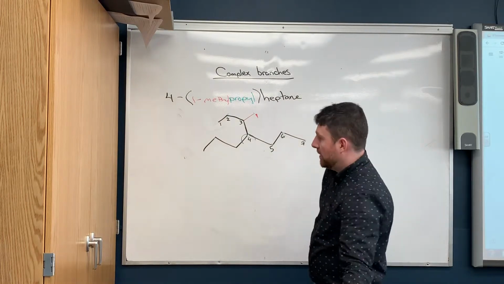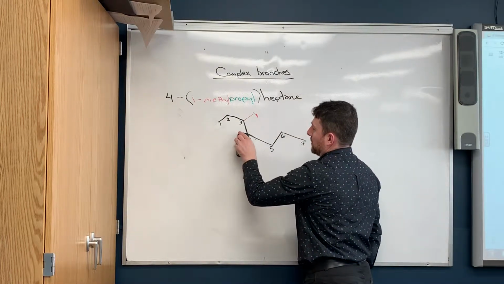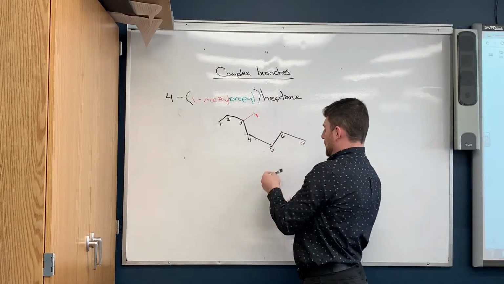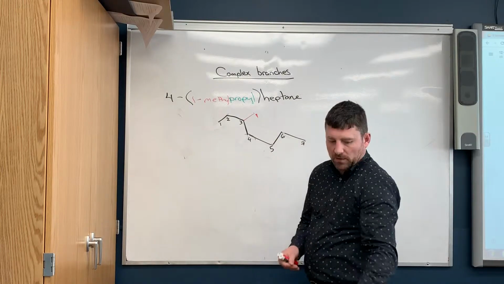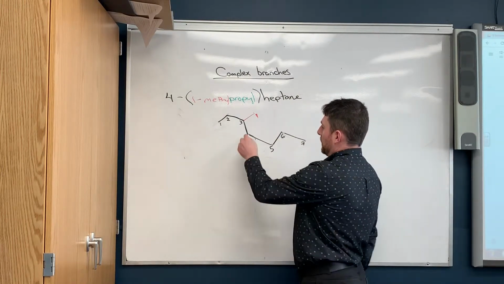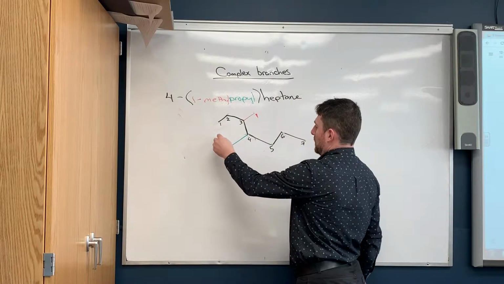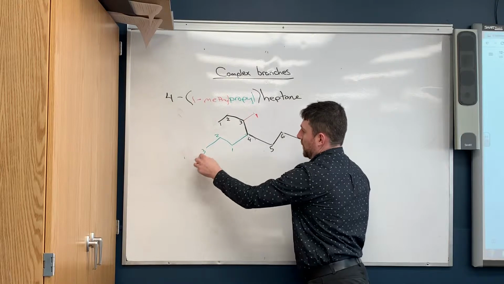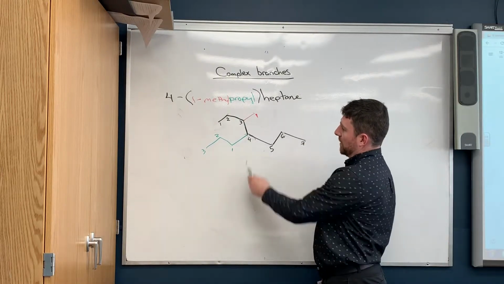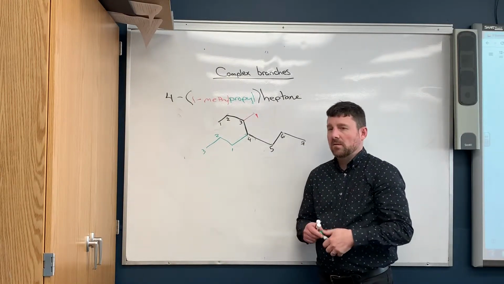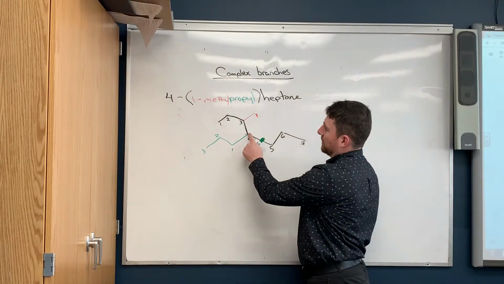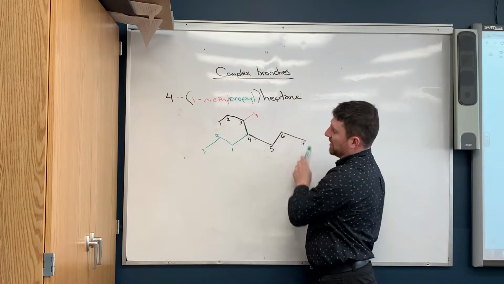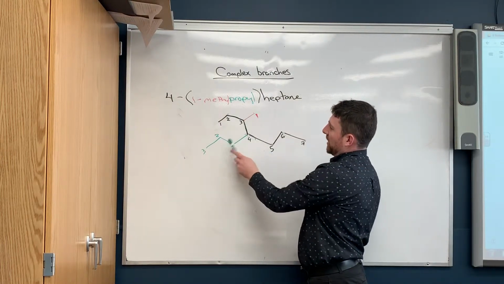And rather than having a single complex branch, we're going to do this one in green. We have another 1, 2, 3 carbon branch, sticking off of carbon 4. So instead of having 1 complex branch, this being our complex branch, the way we named it before, if we number it this way, we have the same length main chain, and we have 2 simple branches.